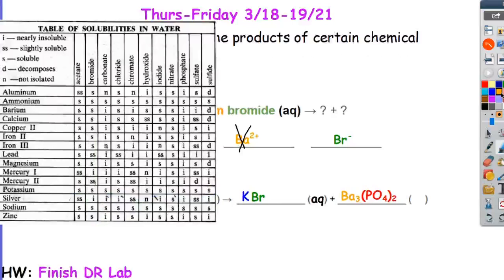Next, let's look up our barium phosphate. So I'm going to go down, find my barium, highlight that row. Then let's go across, find my phosphate, highlight that column. And where they meet, I get an I. Now, the thing that I love about when students find I on the table is no one confuses I for a state of matter.